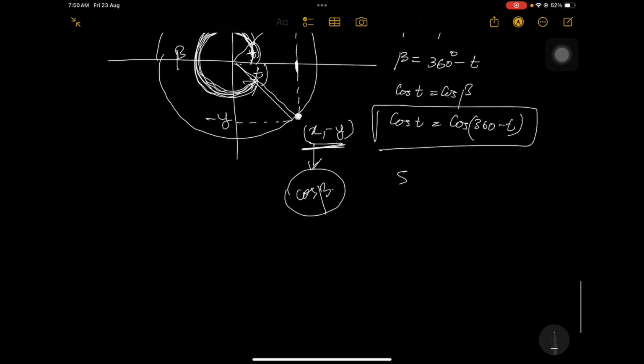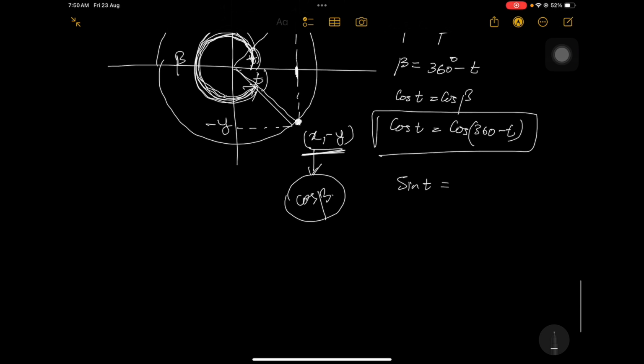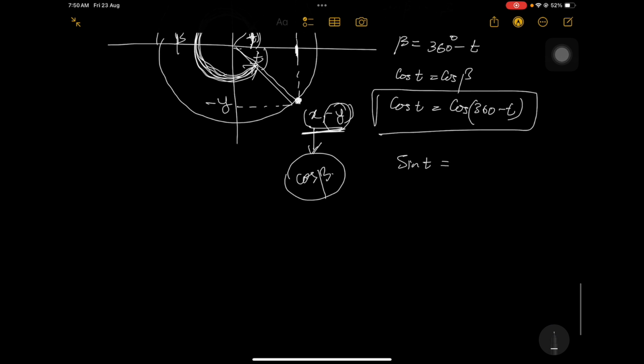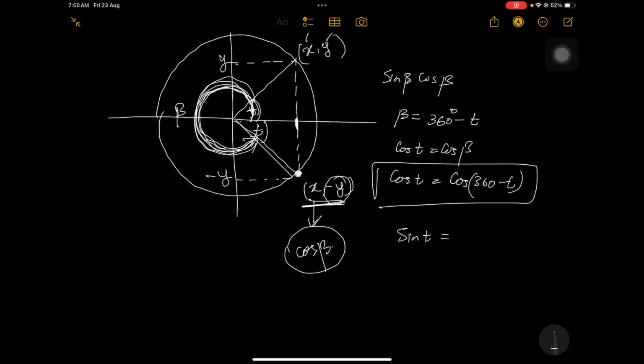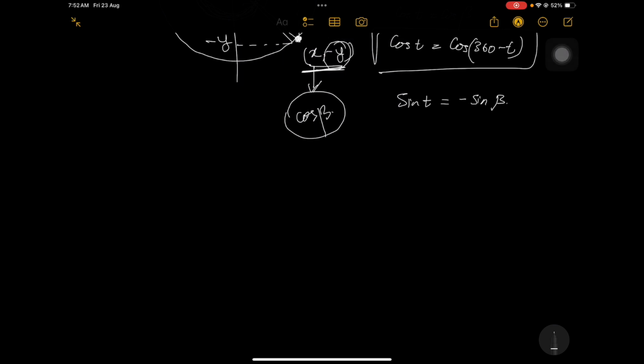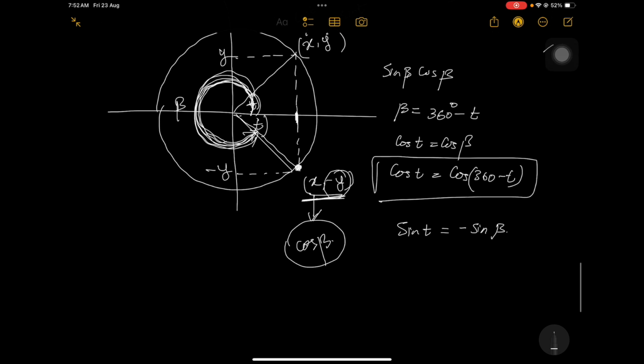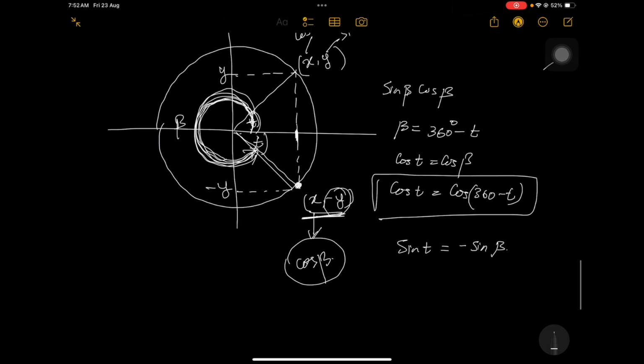And what about the sine value? Sine t, this y is sine t.